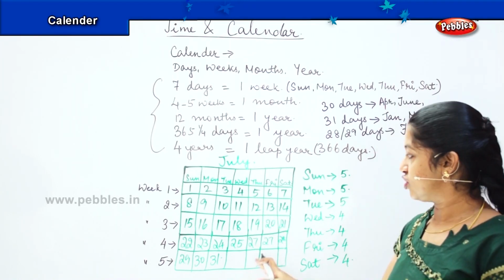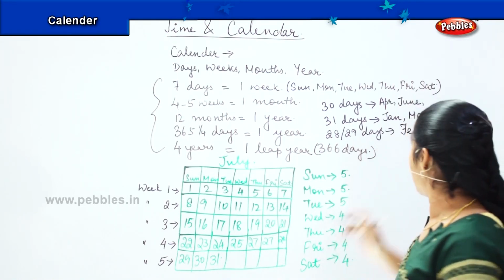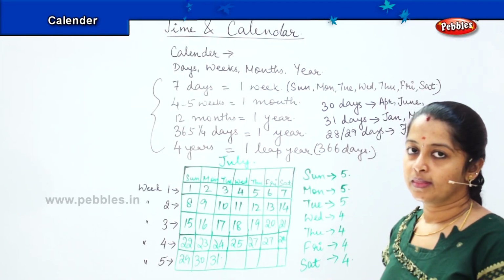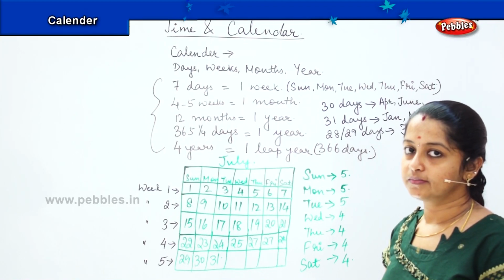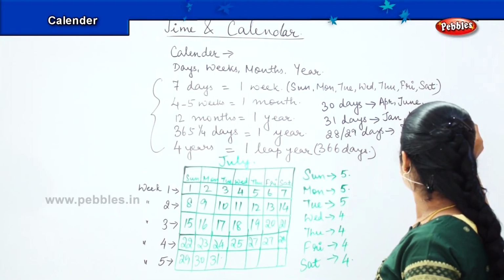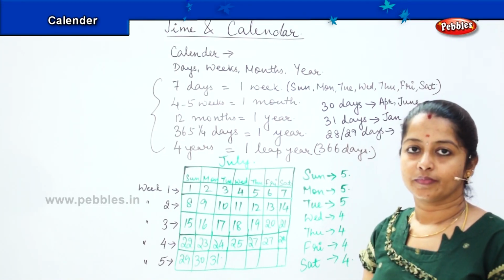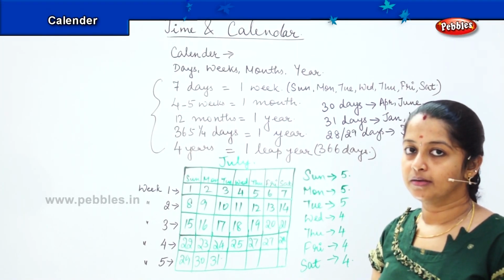July. See here, July, how many days? 31. Very good. So July has 31 days. How about August? Yes, August also has 31 days. September?